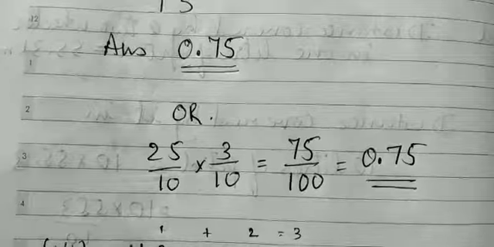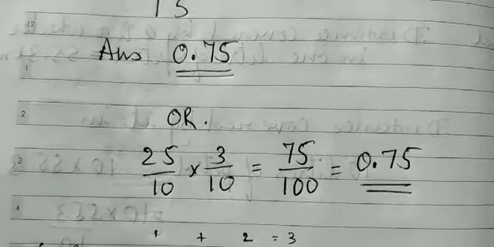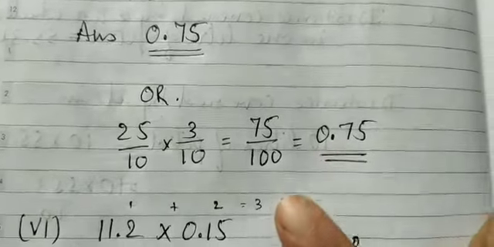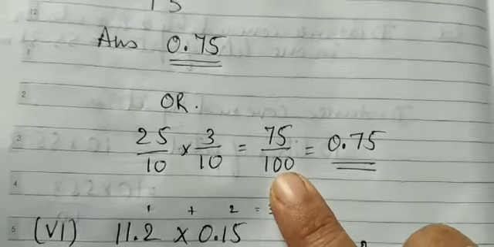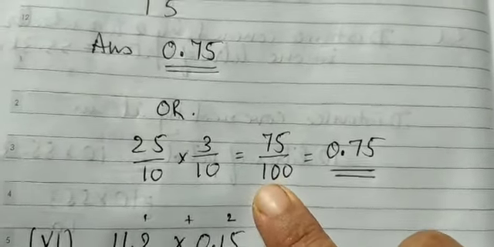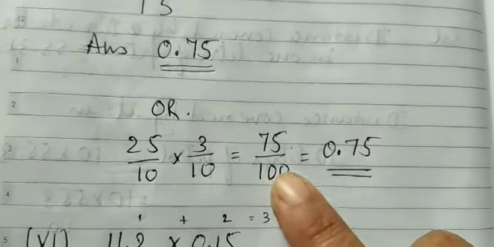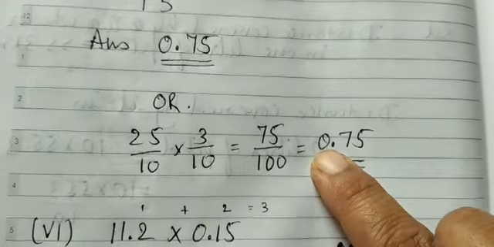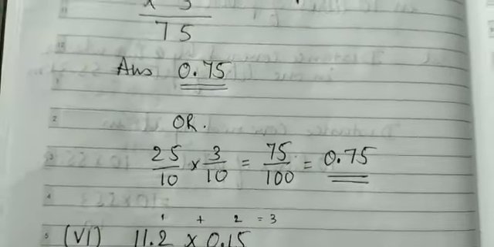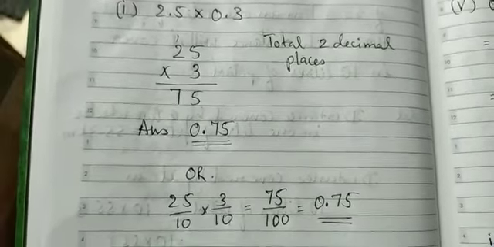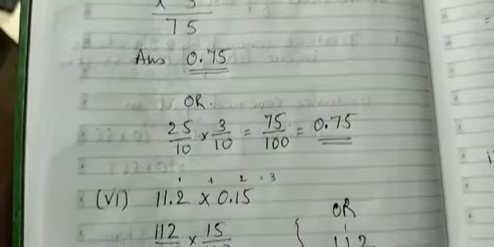You get 25 3s are 75 and 75 by 100. 10 10s are 100. 2 zeros tells you it should have 2 decimal places after the decimal point. So 1, 2 and then you put the point: 0.75. Two methods, both the methods are there in front of you. You can follow any one of it.